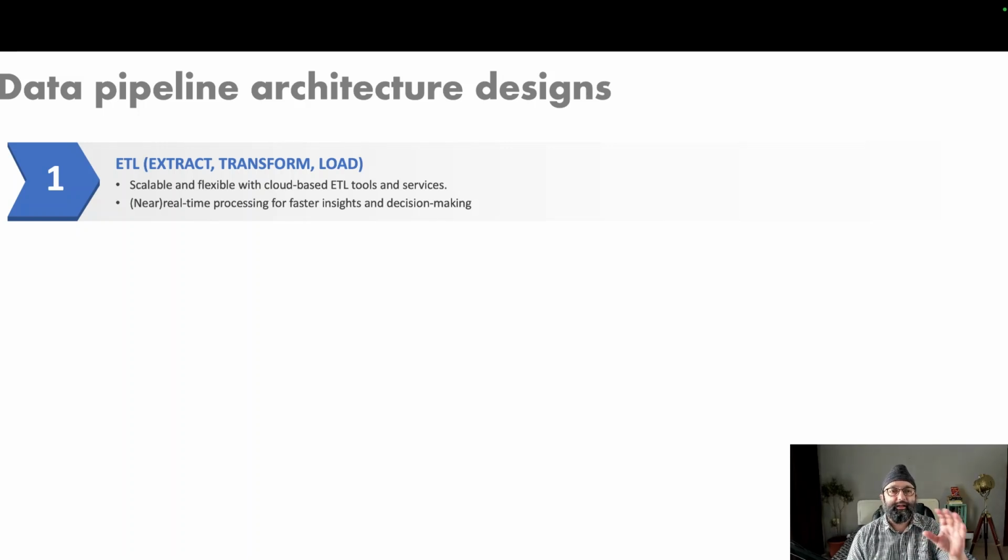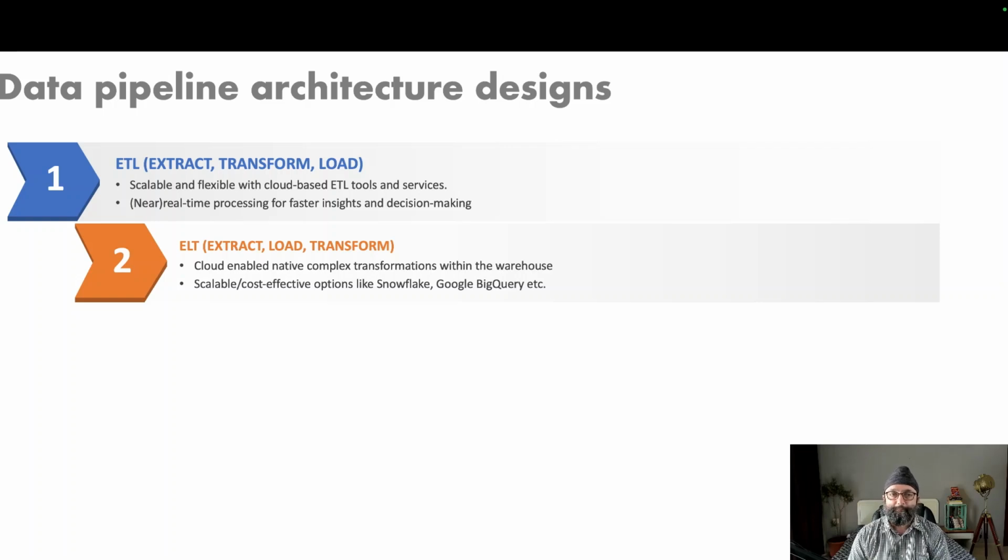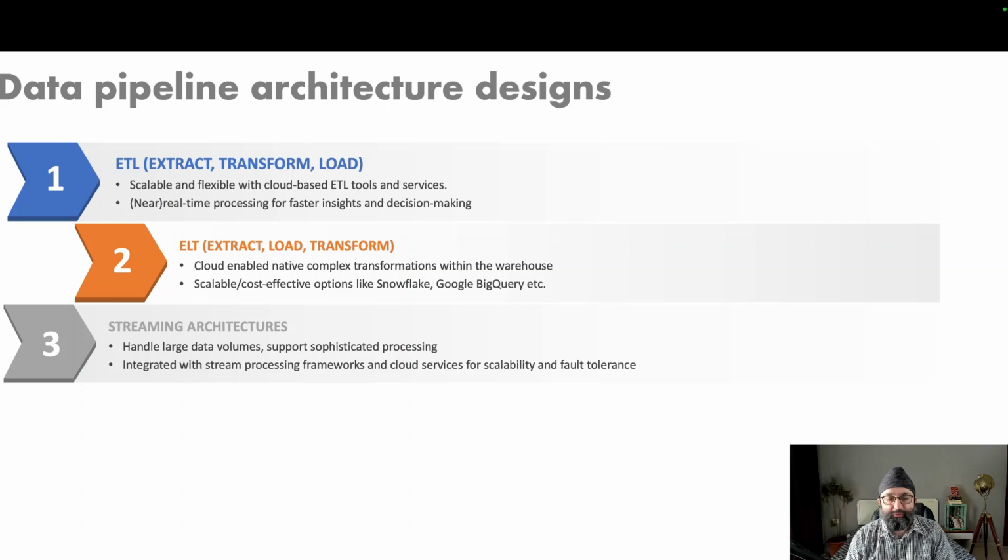So that's the older forms, ETL and ELT, which is cloud-native, with complex transformations within the warehouse. And it could have solutions like Snowflake, Google's BigQuery, etc. There are several other solutions. So these are the two old ones. Now let's move to other things.